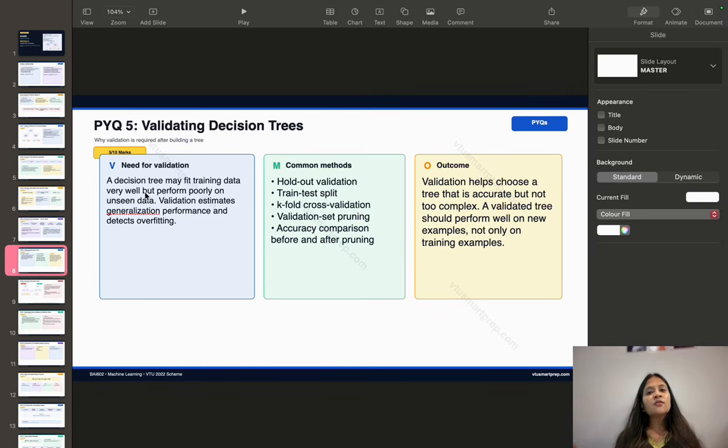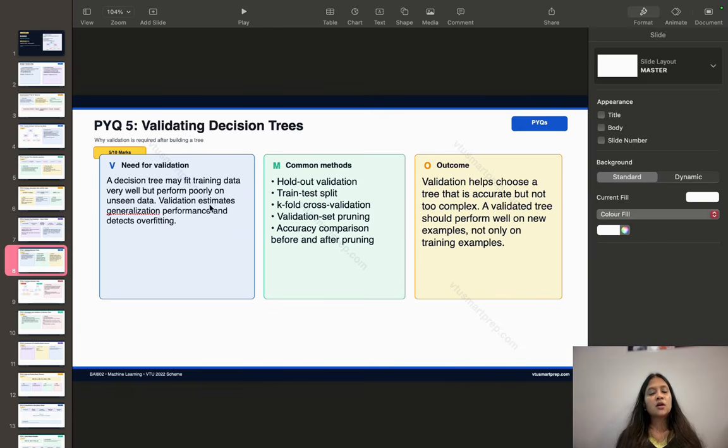What if there is some unknown data? In unknown data, it is not going to perform properly. It is going to perform very poorly on unseen data. So there is the problem, which is called overfitting.